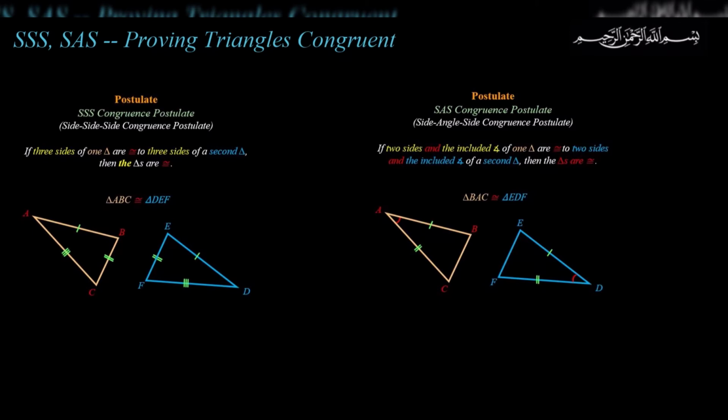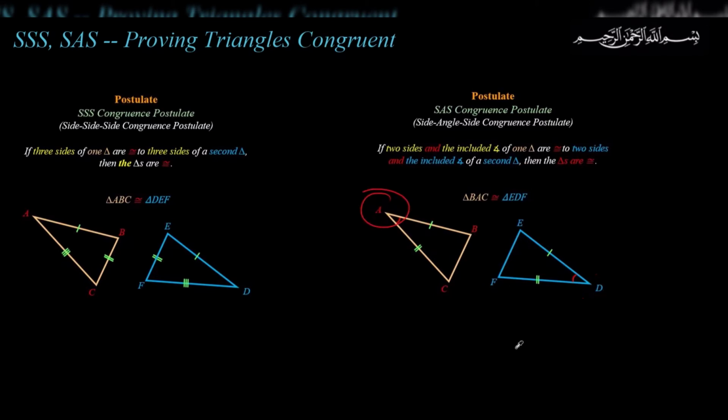So what this states is that if you ever run across two triangles such that two sides are congruent like this, so this side is congruent to this side, and then you have this side that's congruent to this side. So you have two sides that are congruent, all right? And the included angle is congruent. That is, the angle between these two sides is also congruent between these two triangles.